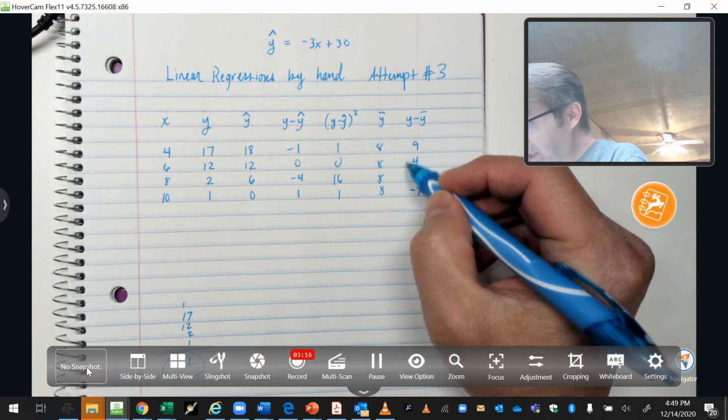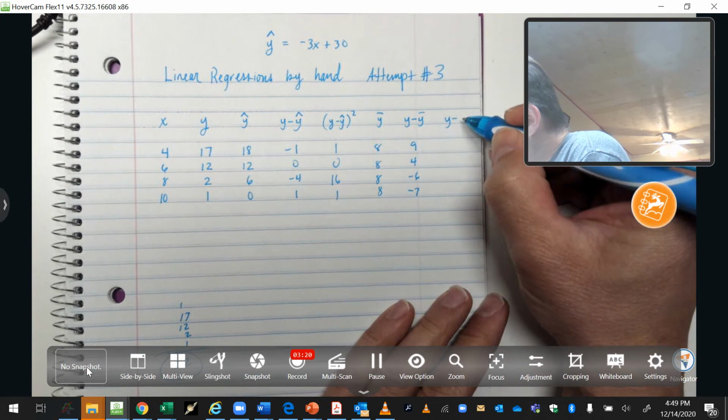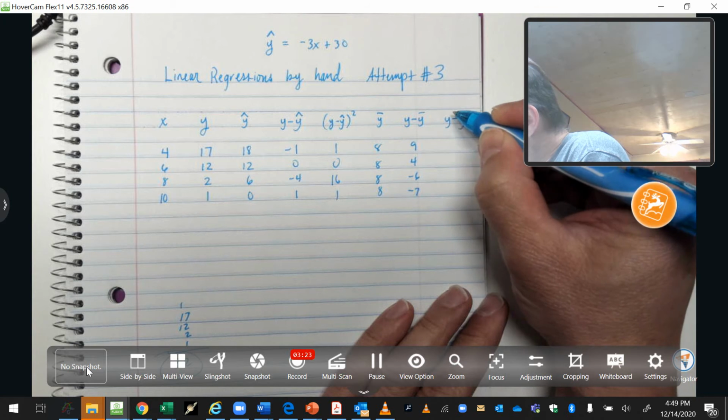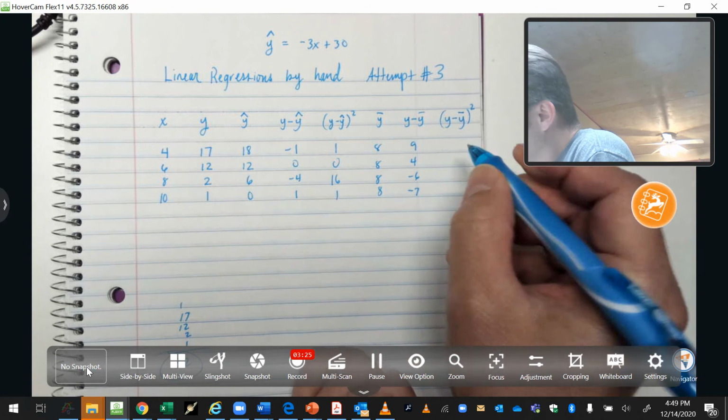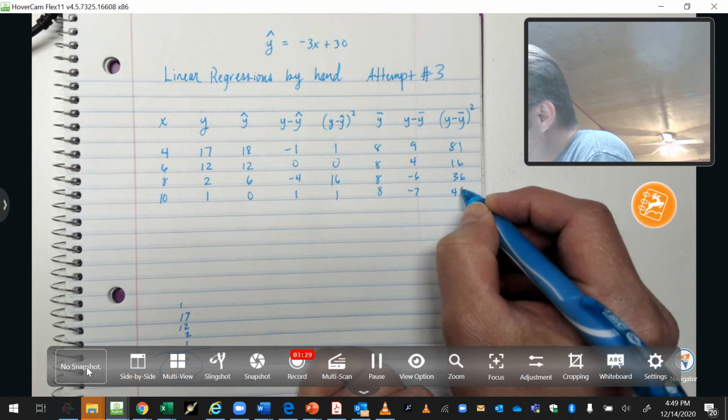Now we have to square these numbers. So it's y minus y bar squared. That's 81, 16, 36, 49.